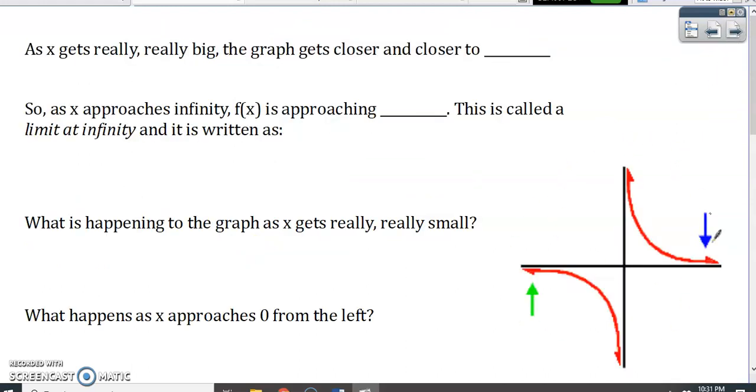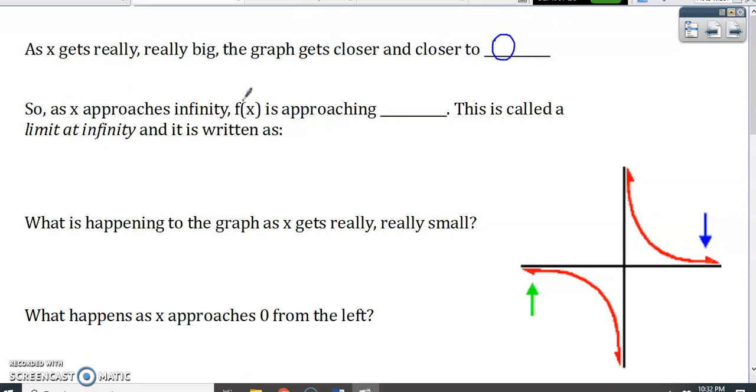All right, so let's look at that with this graph. This says as x gets really, really big, we're talking about going to the right-hand side. The graph gets closer and closer to, what's that graph doing? It's going towards 0. Again, talking about the y value there.